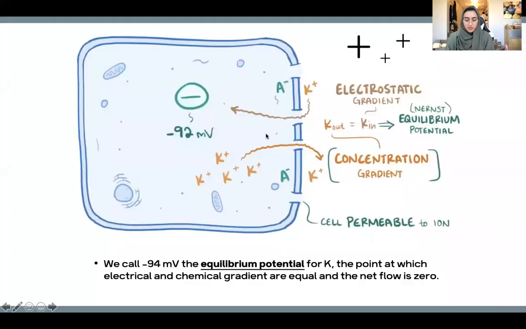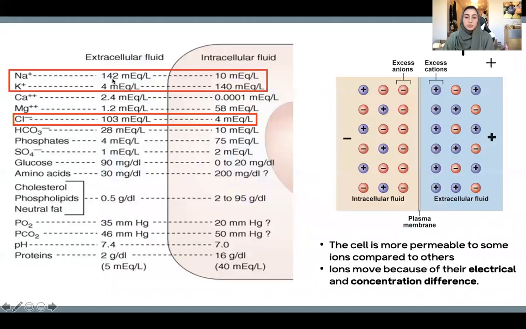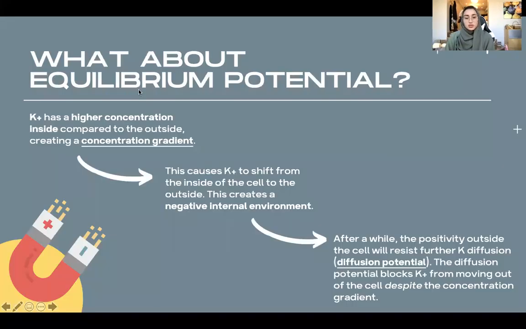Even if we look at the numbers, you have really high potassium inside the cell versus outside the cell. So remember, the principle of diffusion is things like to go from an area of higher concentration to an area of lower concentration. So this is the force that's pushing potassium out of the cell. Okay, so that's why option D is correct.